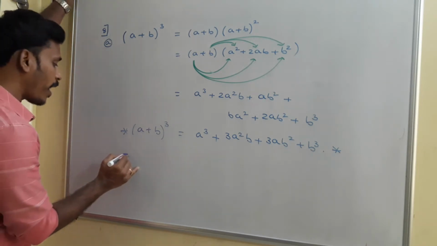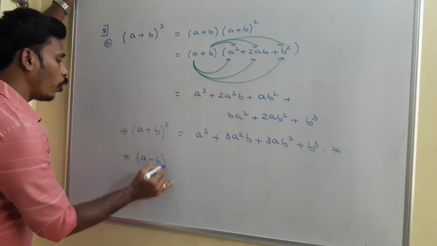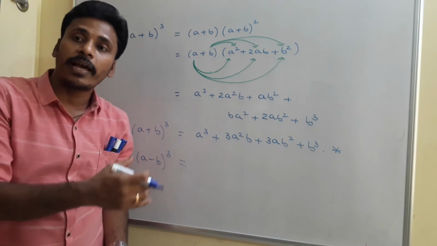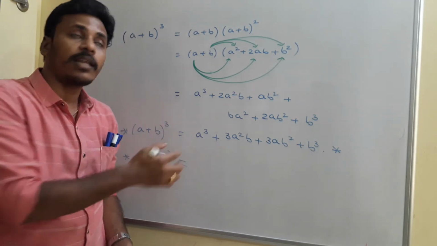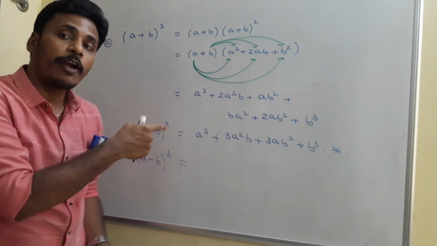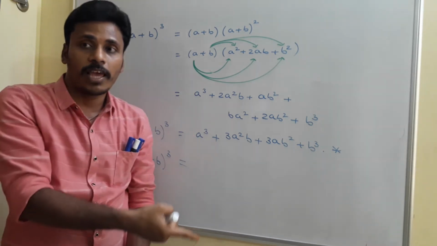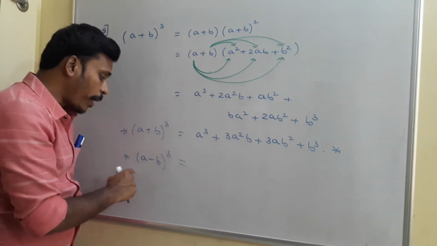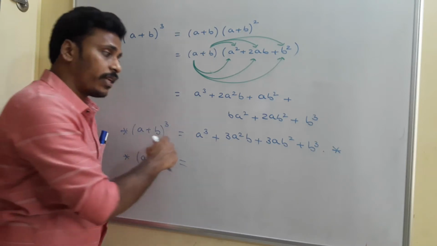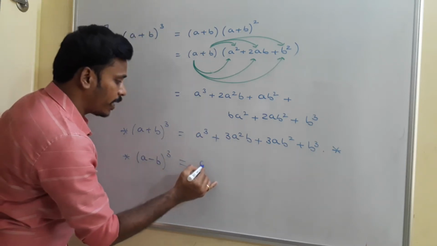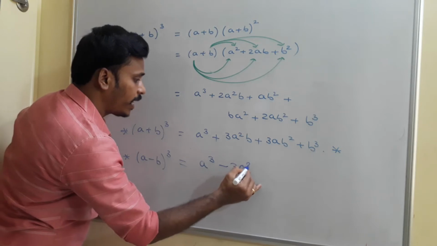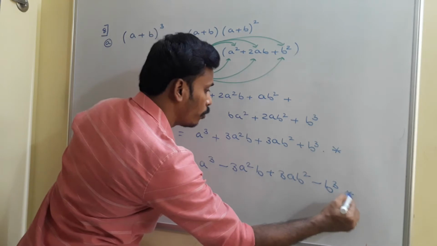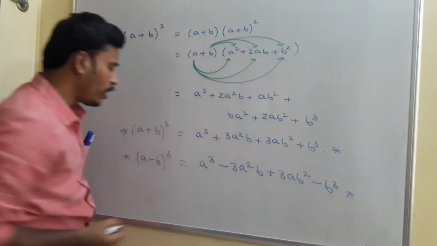And in a similar manner, if you find (a−b)³ by multiplying (a−b) three times, by multiplying (a−b) with (a−b)², the way we did (a+b) with (a+b)², and you multiply in the same way, then you will get the expansion for (a−b)³ as the same thing with alternate plus and minuses. That is a³ − 3a²b + 3ab² − b³, and that is for (a−b)³.